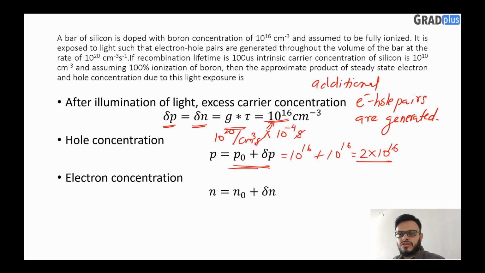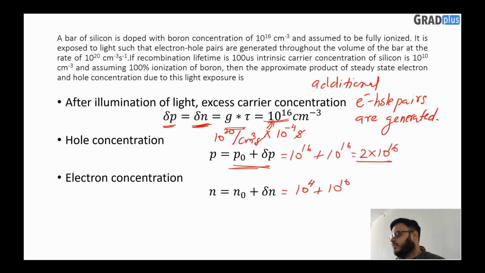Now let us solve in a similar way for the electron concentration. The value at equilibrium is 10 power 4, which we deduced using the mass action law, plus the value of newly generated electrons, which is 10 power 16, as we have got from this portion.